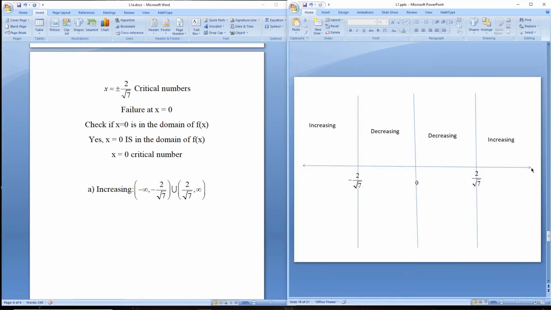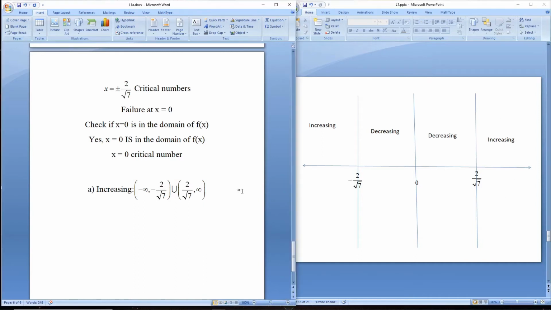Again, if we look at our handwork here, we have this region increasing and this region. And so what about decreasing? There are mathematicians that debate about this, and because it's really not a big deal, it's never been completely settled.